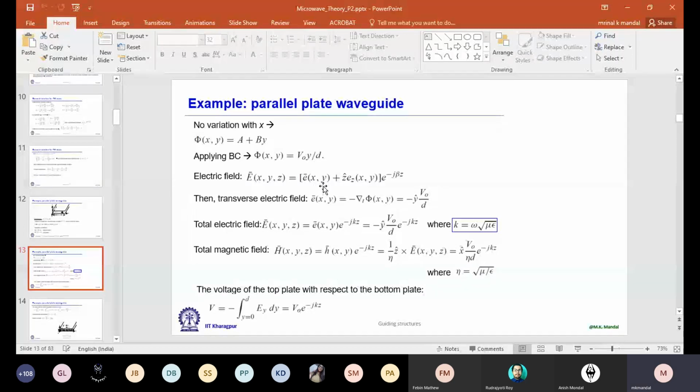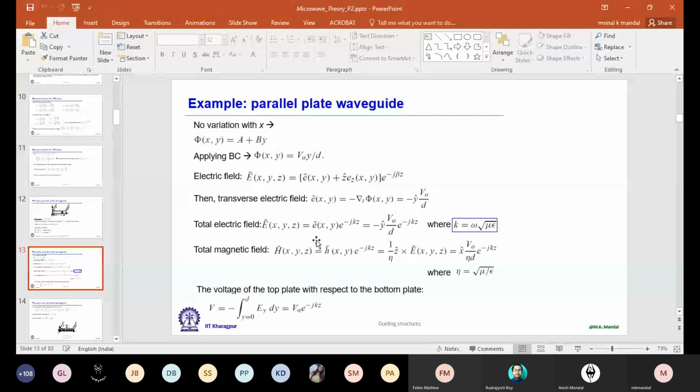Then what about this transverse component? Let us calculate. We take a minus gradient of phi, then we have only the y dependent component. So it comes minus del y of V naught by t, that is minus y cap V naught by t. Electric field, according to our chosen boundary conditions, is in negative y direction.